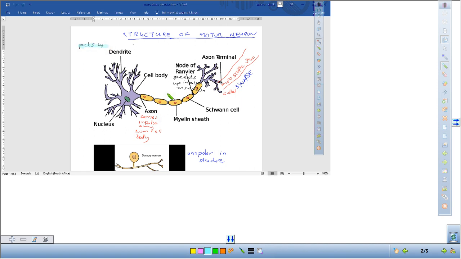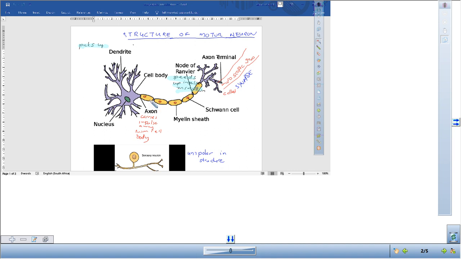Let's go to node of Ranvier. Function, speed up impulse transmission. Now if we look at the nodes of Ranvier, I want you to look at the Schwann cells.